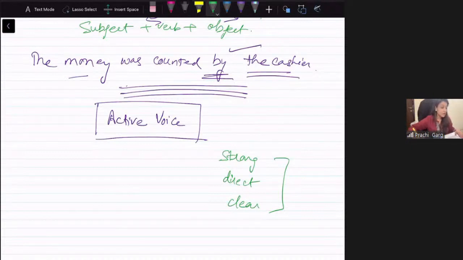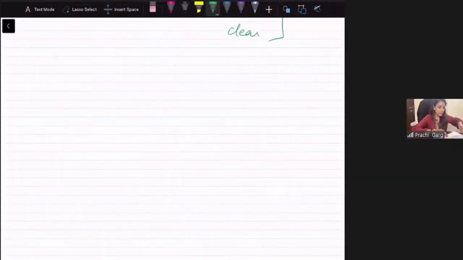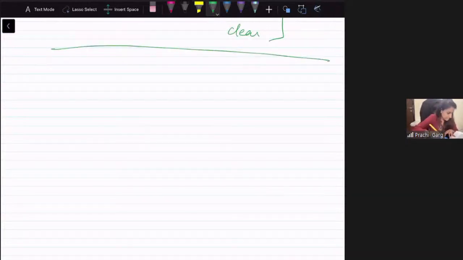Now, how does the change of verb form play a role? Look at this very carefully. I will quickly draw a table for you so that you understand what I'm trying to say here. Tenses, this is active voice, and this is passive voice.